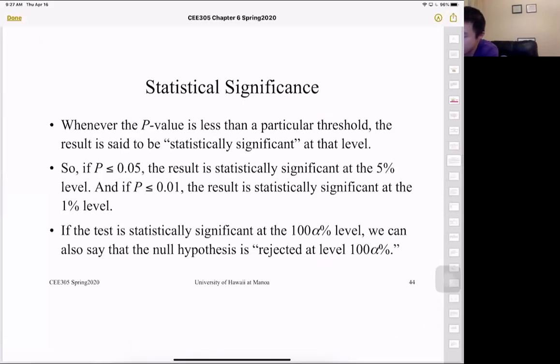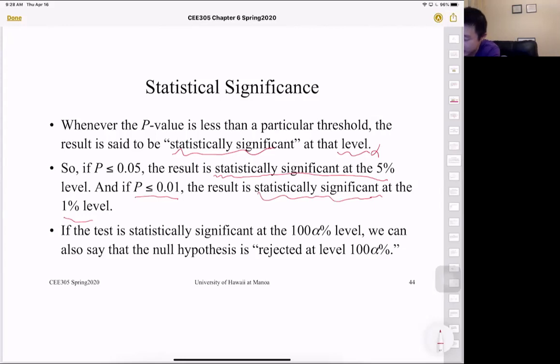When the p-value is less than alpha, the threshold, then the result is said to be statistically significant at that alpha level. So if p is less than or equal to 5%, we can say this result is statistically significant at the 5% level. If p is less than 1%, then it is statistically significant at the 1% level.